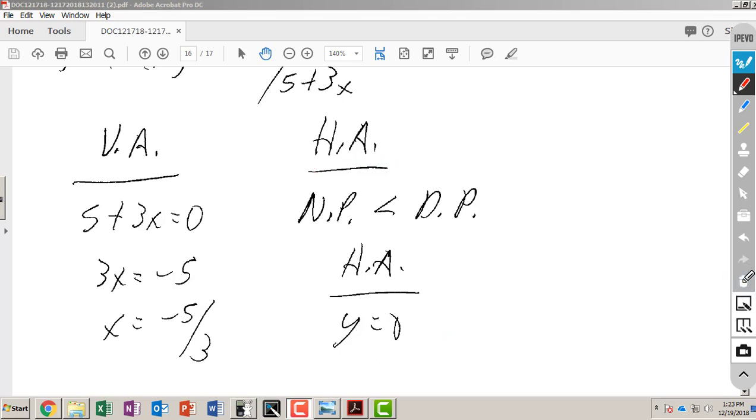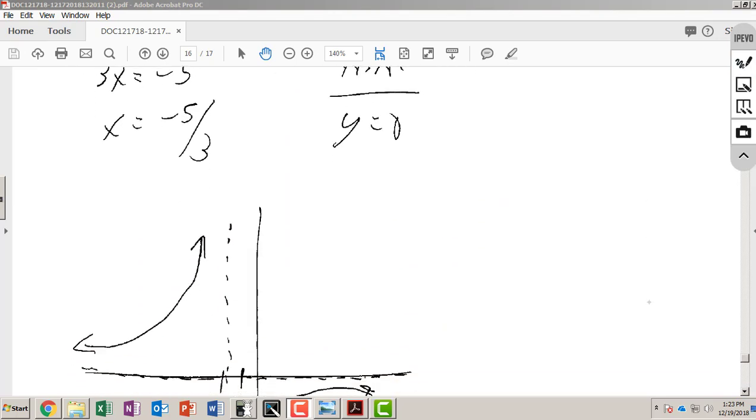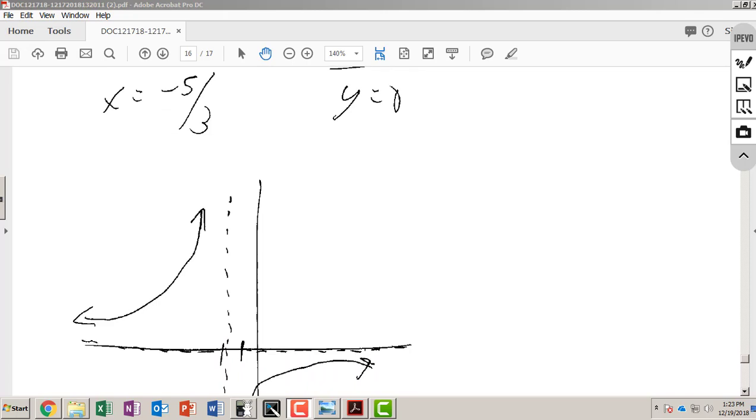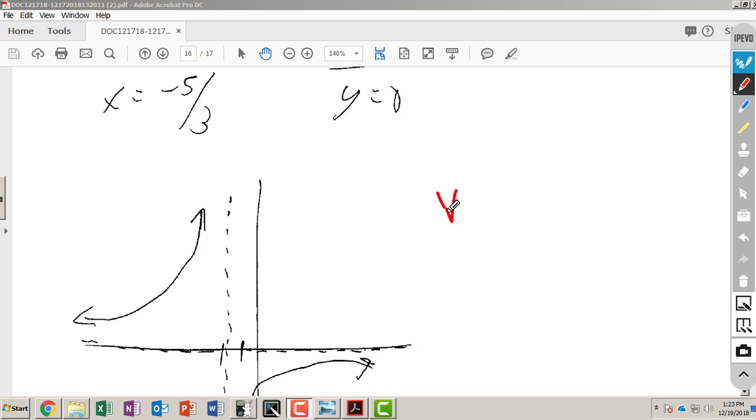So now that I know that, I can go ahead and start to make my graph. If you remember right, I'll just write it down here so we can see it. My vertical asymptote, VA, was at -5/3, and my horizontal asymptote is at 0.